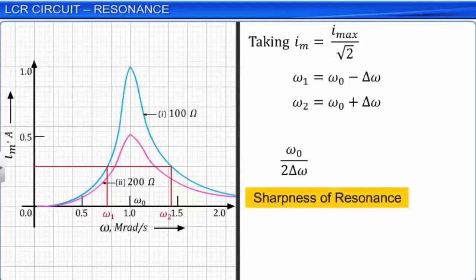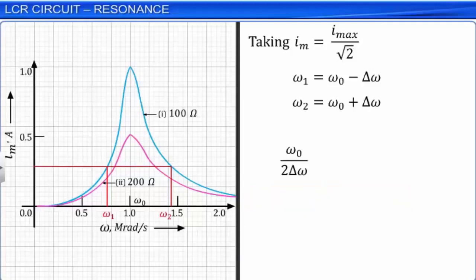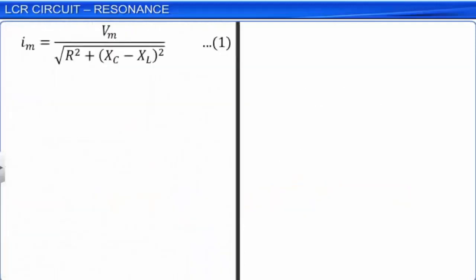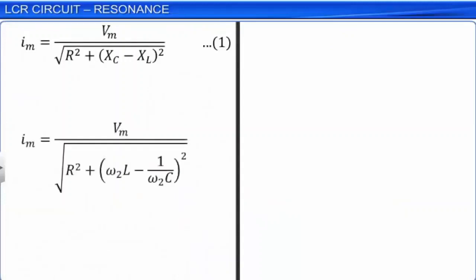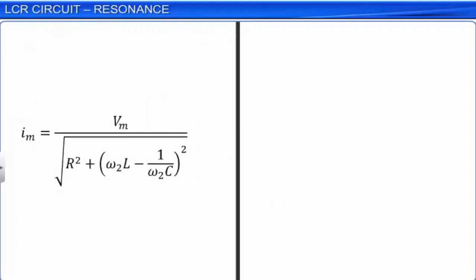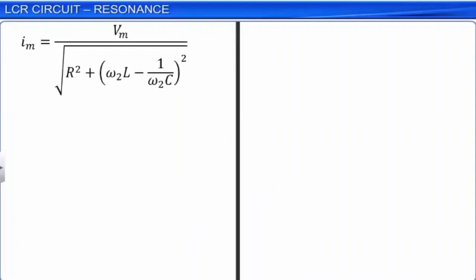Let us now calculate the value of delta omega using equation 1 for the angular frequency omega 2. Since amplitude of current is 1 by root 2 times the maximum current at resonance, we get Imax by root 2 is equal to Vm by R into root 2.